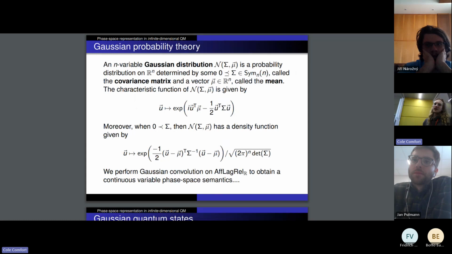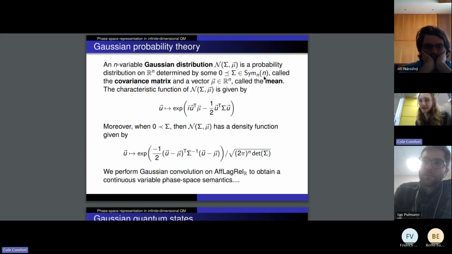Normally, a single variable Gaussian distribution is described by a mean, which is a point on the real line, and then a covariance, which is just a number, a positive or non-negative number. But here, for the n-variate version, I'm going to need a vector and also a positive semi-definite matrix.